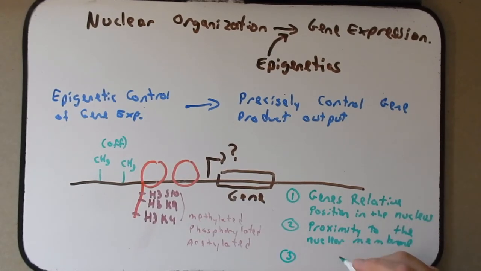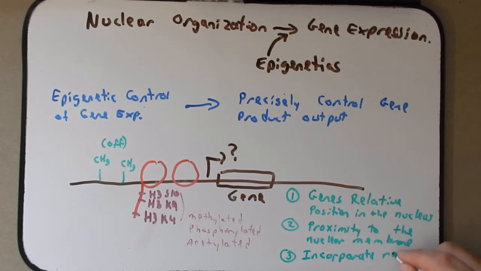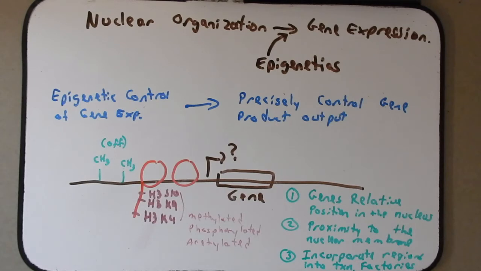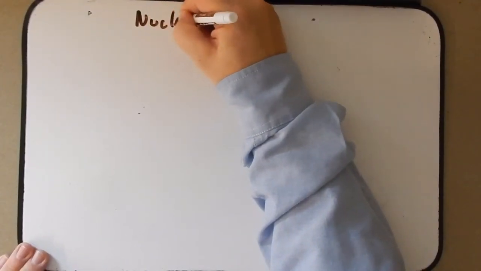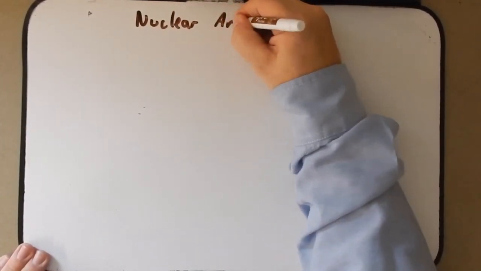And last, within the nucleus, we're going to talk about how we can incorporate regions of the DNA into things we call transcription factories. So as we move forward, it's going to be important that we understand the basic architecture of the nucleus. So let's spend a little time talking about the nuclear architecture.